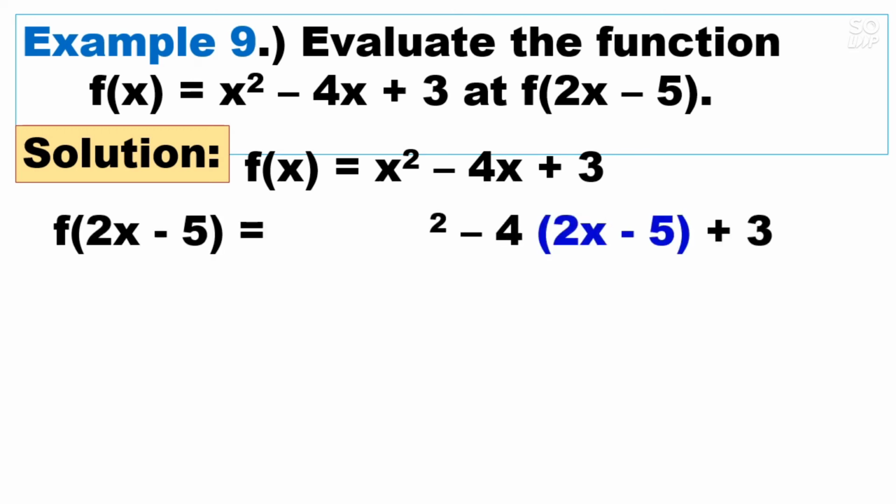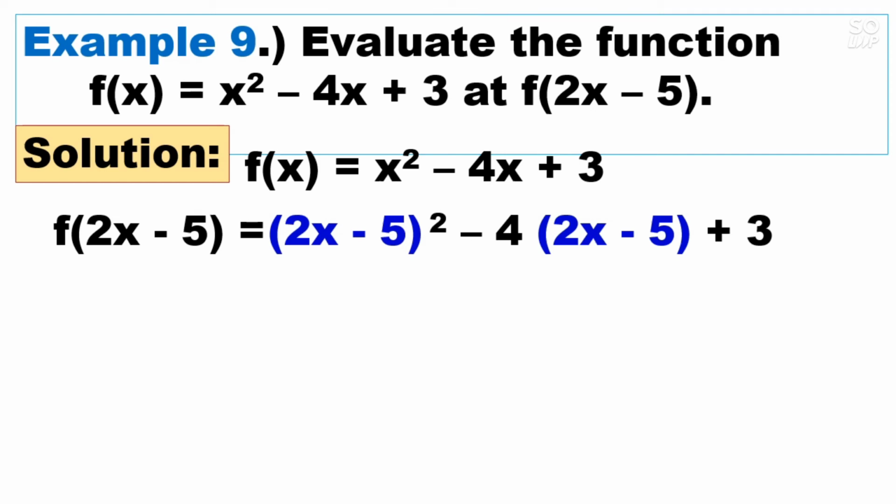So now we have f of 2x minus 5. And then, the quantity of 2x minus 5 squared minus 4 times 2x minus 5 plus 3. Okay, sa lahat ng x, pinalitan natin ng value ng x, which is 2x minus 5.